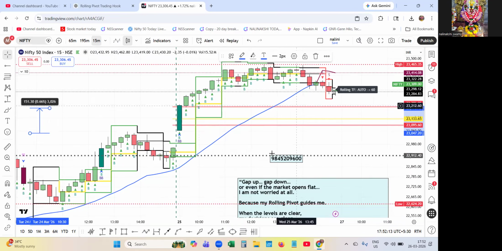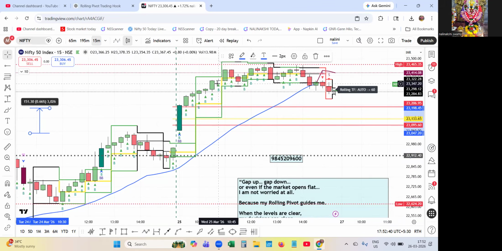See, in hindsight, I'm sitting up and telling you people, this is the thing. But it is not possible. When nothing is there on the chart, when price has yet to form, it becomes an illusion for you. What if it will come? That used to be my concern when I entered the market.